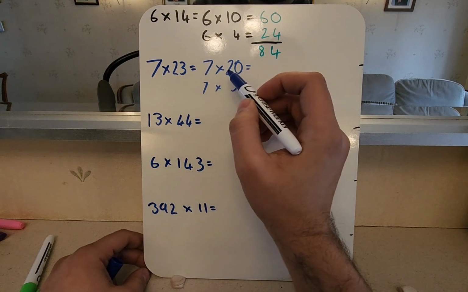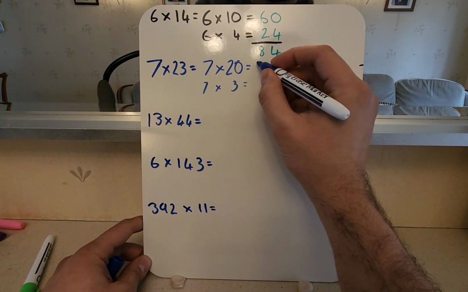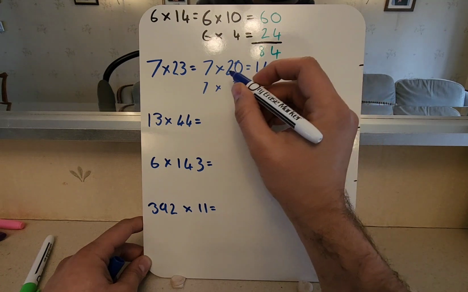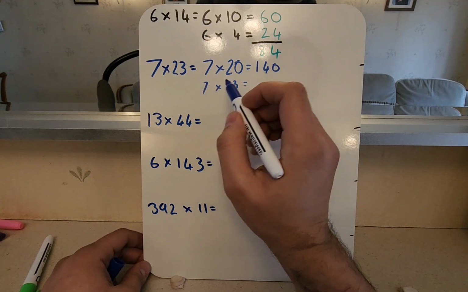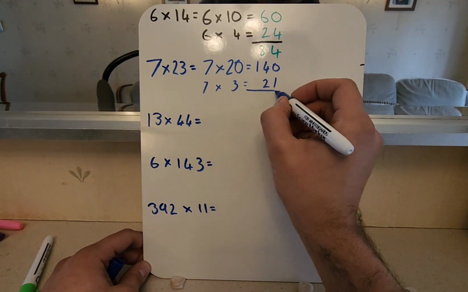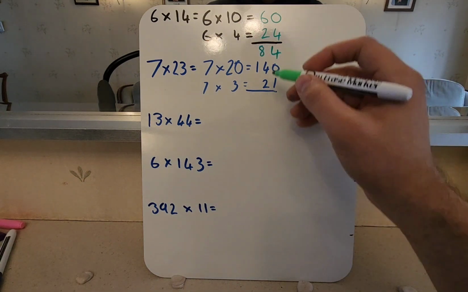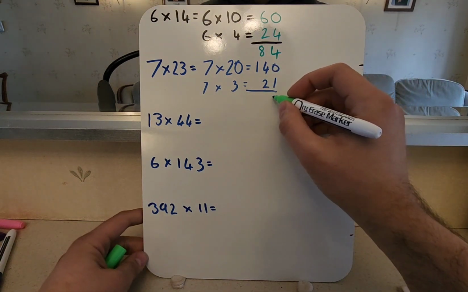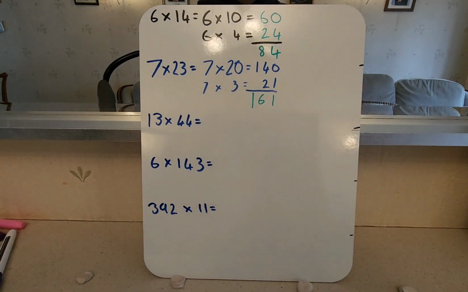Well, 7 times 20, so we normally do 7 times 2, which is 14, and then put the 0 at the end. 7 times 3 is 21. Now just notice, one thing I'm really mindful of is the columns I'm using. I'm making sure all my units go here, my tens here, and my hundreds here. So my answer is 161.